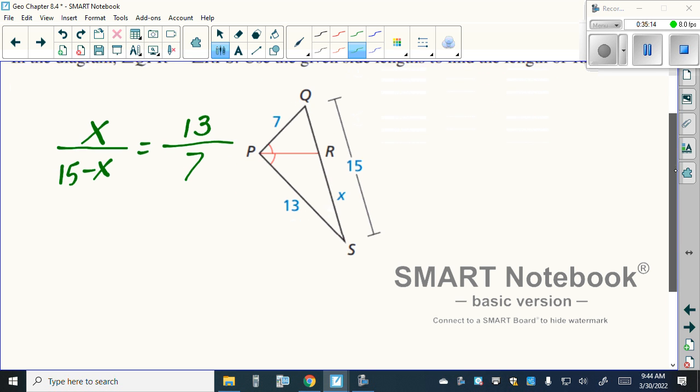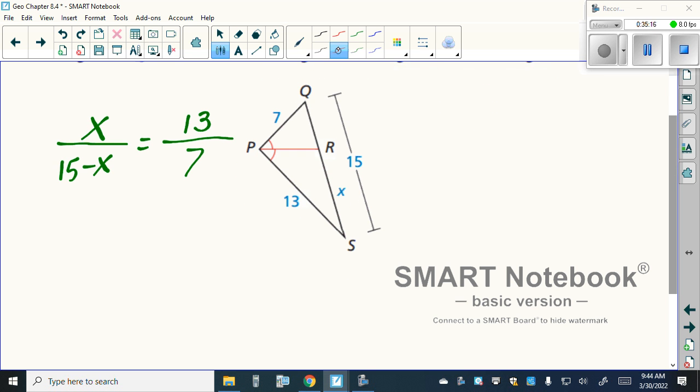Now, here, I have variables in the denominator of 15 minus x, yes? This one here, we're going to have to use cross multiplication or least common denominator to solve. Because we can multiply both sides by 7.